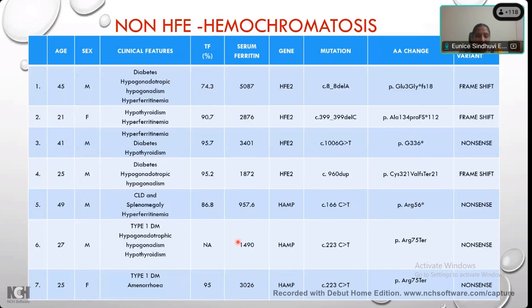All their transferrin saturation levels were much higher, and serum ferritin was very high, and we could identify 4 mutations in HFE2, the hemojuvelin gene, and 3 patients with hepcidin gene mutations. And most of them were either a frameshift or a nonsense mutation.